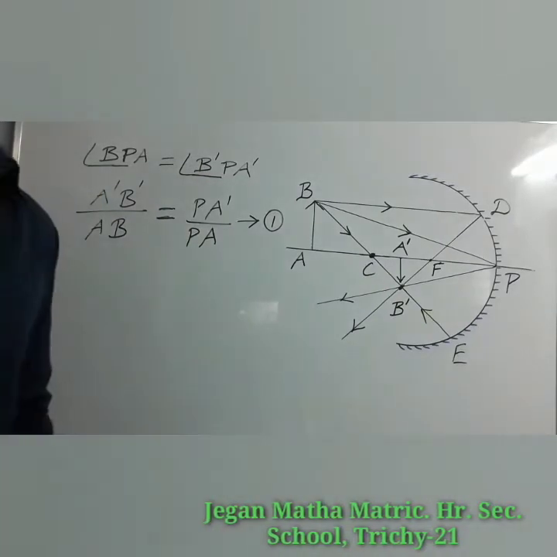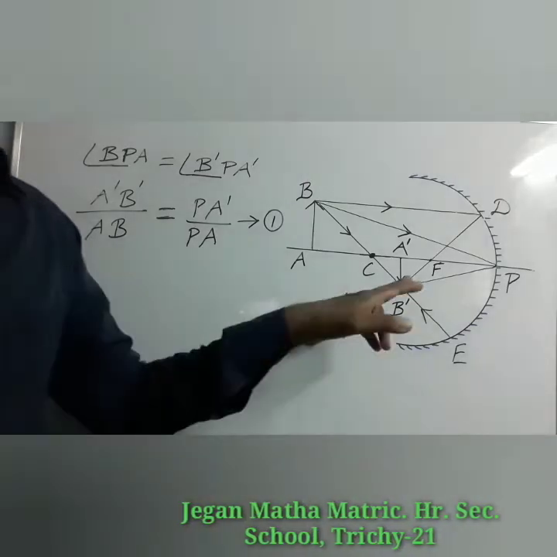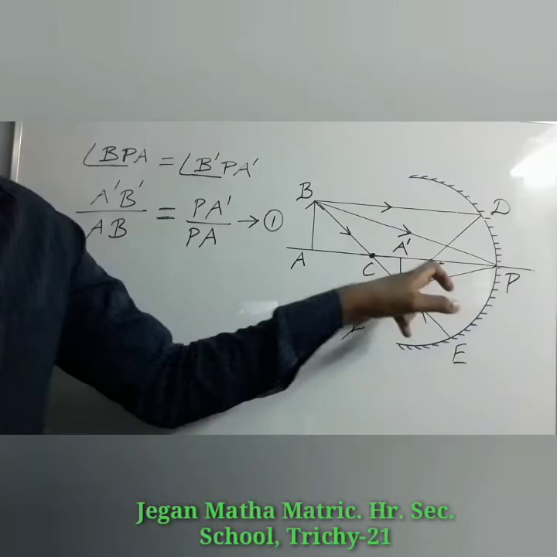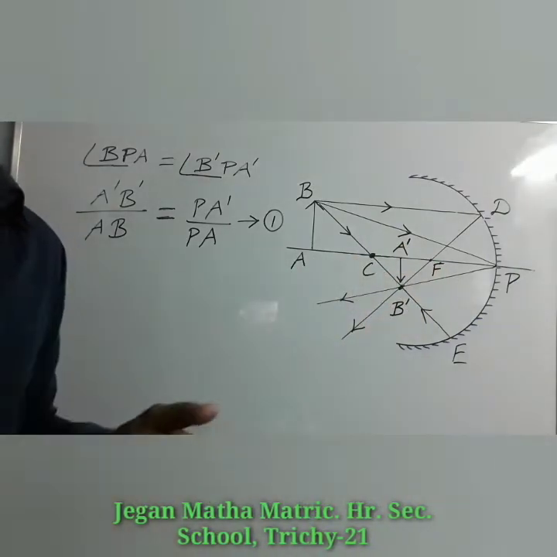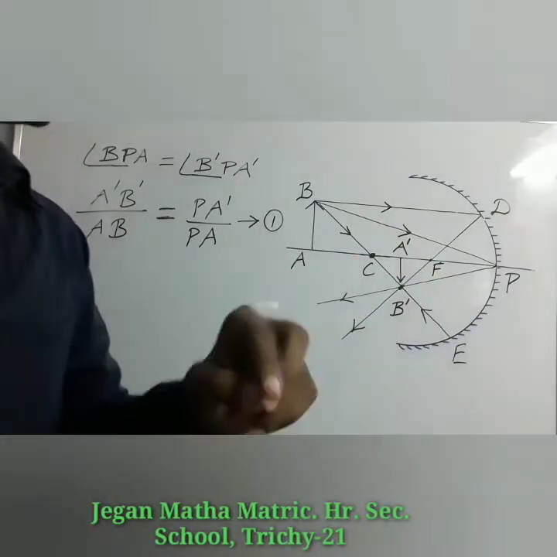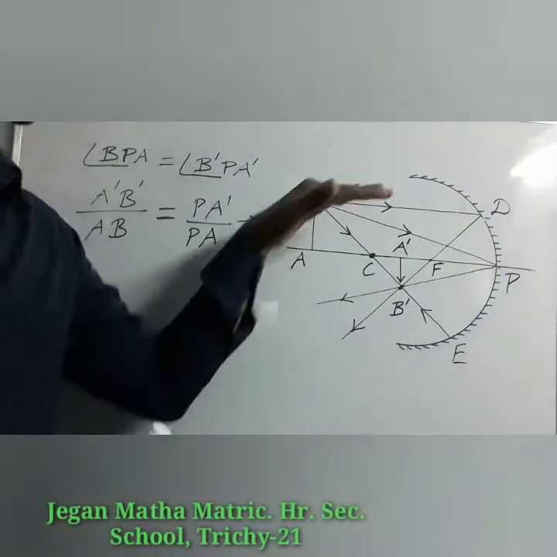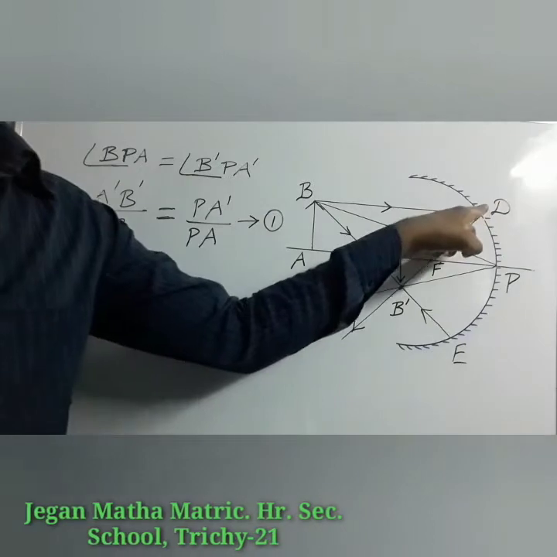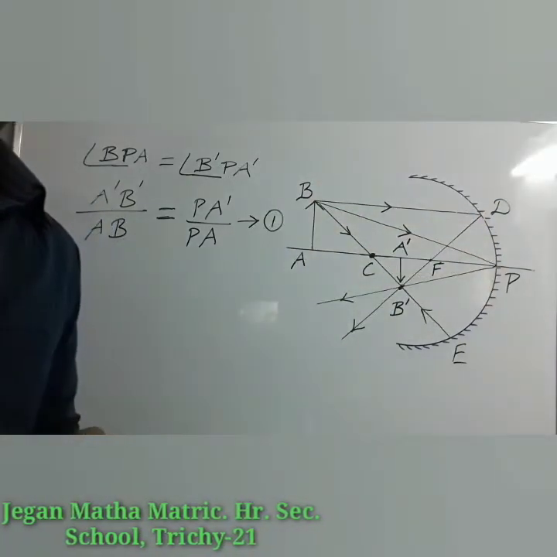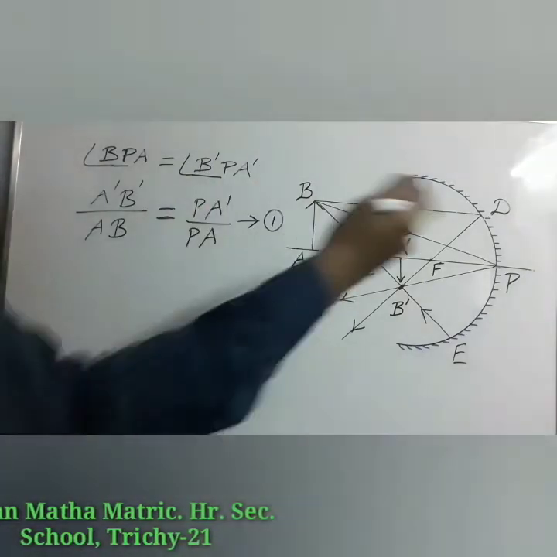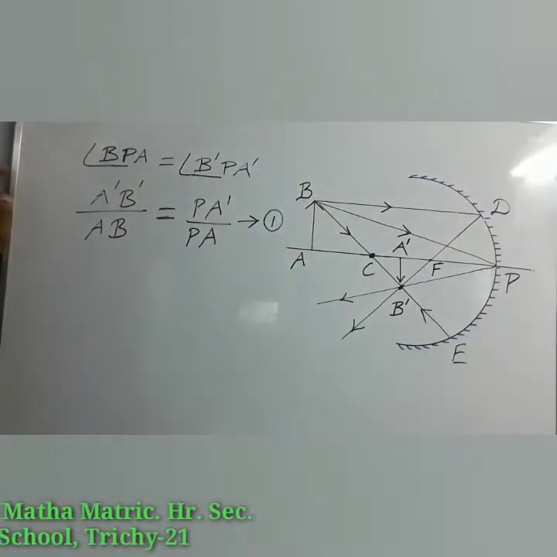The other set of similar triangles are DFP and A dash FB dash. Here we are assuming PD as a straight line because we have taken the paraxial ray. D is very near to the point P, so it is almost a straight line. So apply the same rule for these two triangles.